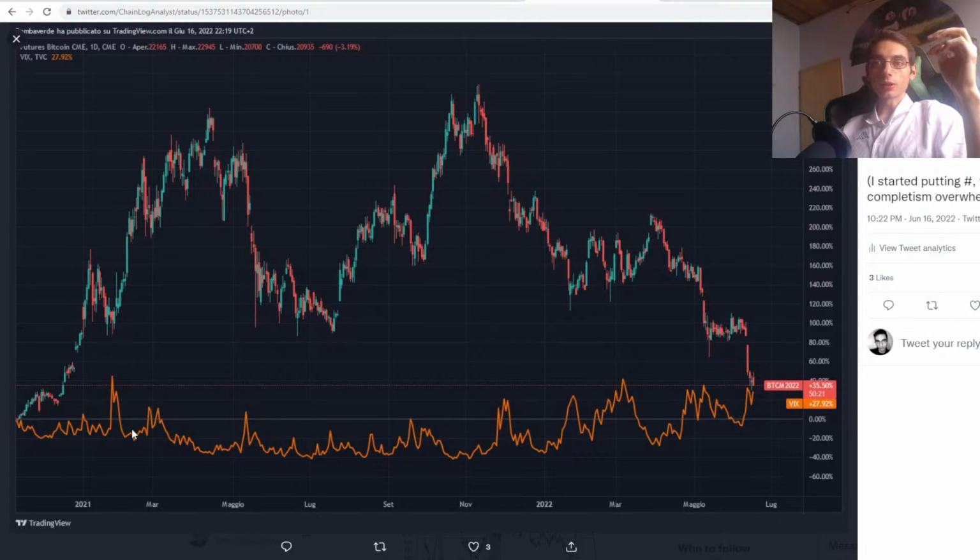And when we fell below the 20 of the VIX, we see an increase. And also right here, we get down below and start trading sideways. Then we had this huge spike right here, also on the S&P.